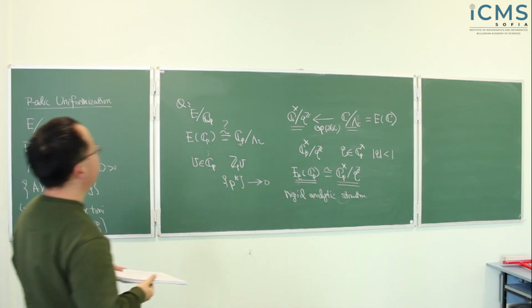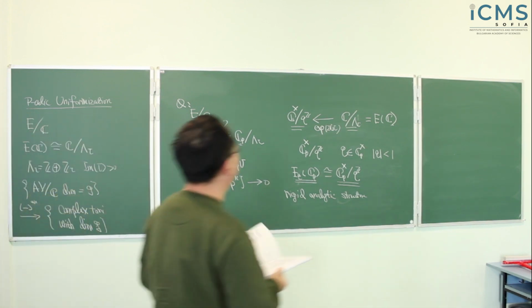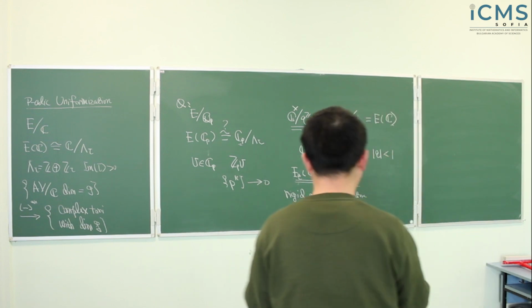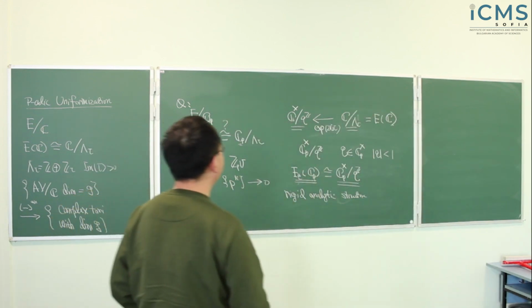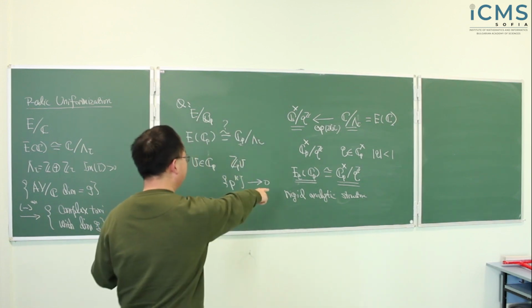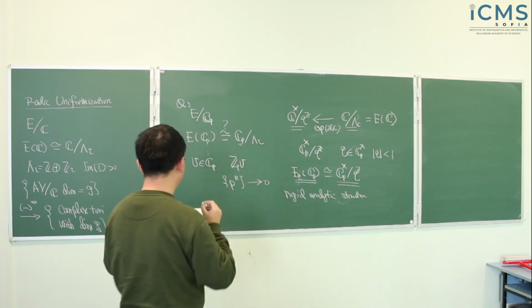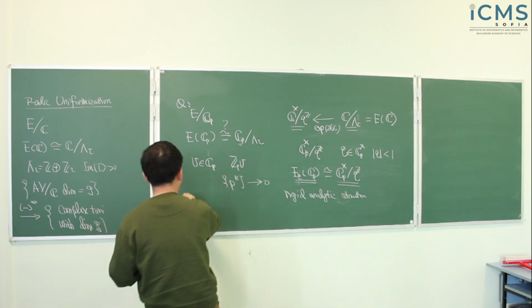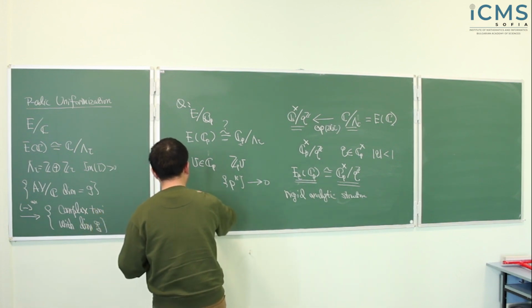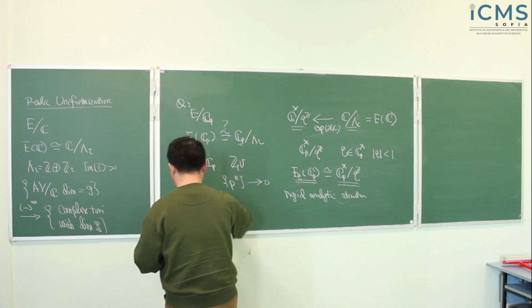Okay, so let me explain the rough idea of how we can do this kind of uniformization. First, we consider any k as a non-Archimedean field.